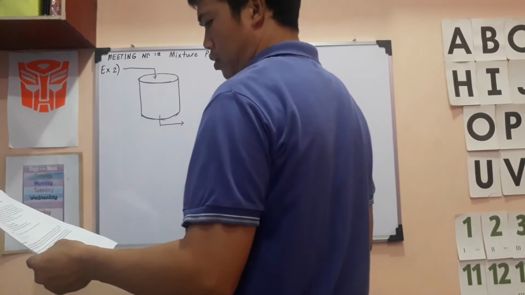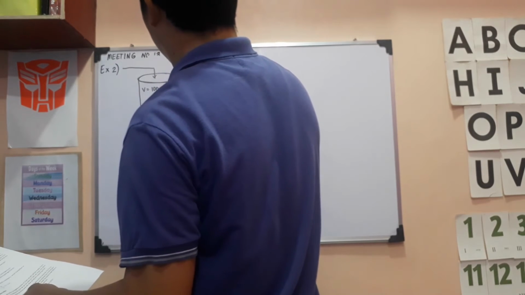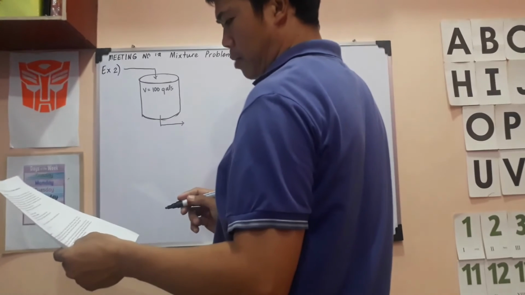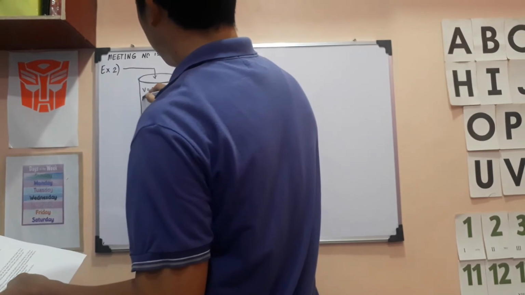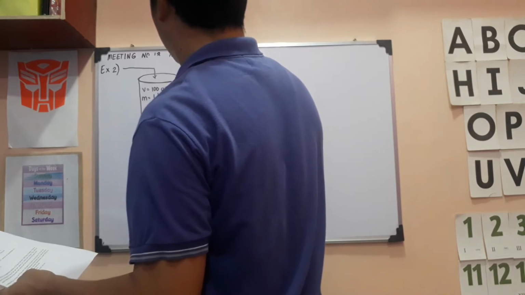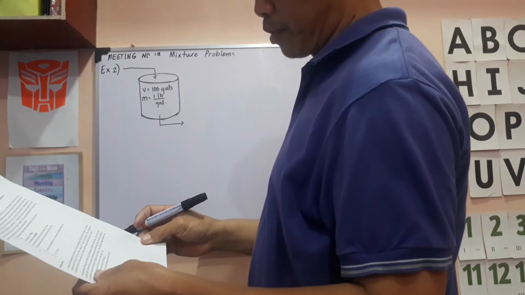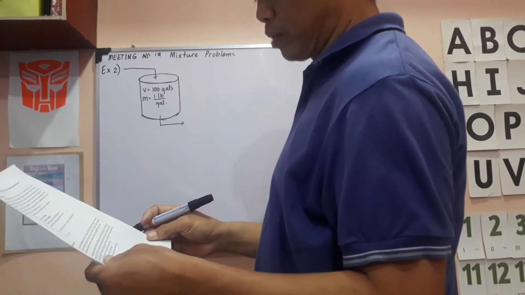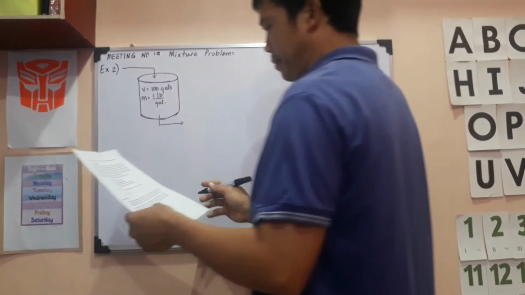So volume is 100 gallons. And brine containing 1 pound of salt per gallon. So mass yun, ano? 1 pound per gallon. Okay. Brine from another pricing area containing 2 pounds of salt per gallon is piped into the tank at the rate of 5 gallons per minute.